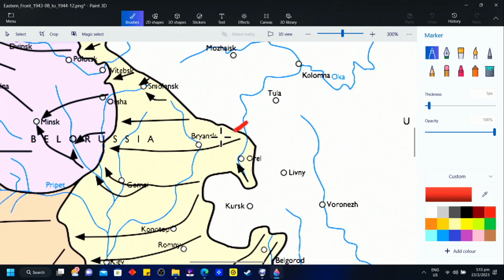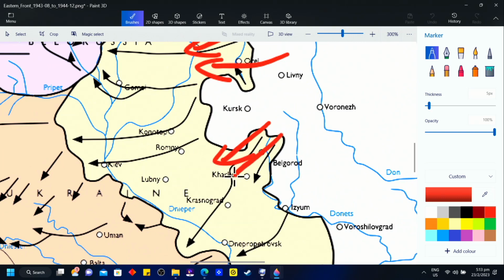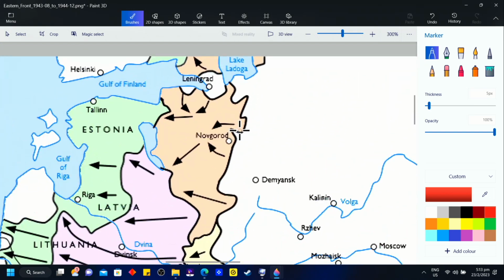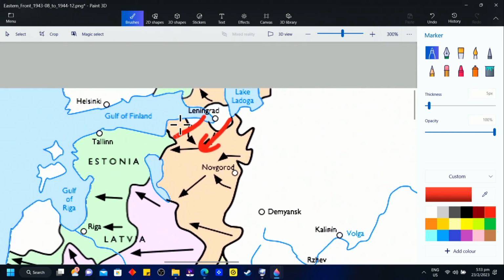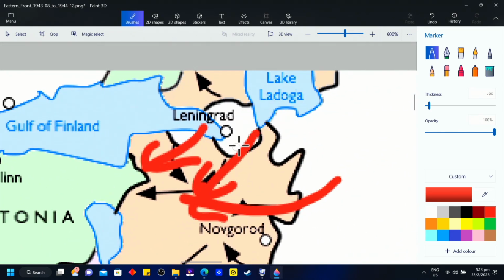Of course, the first one is Operation Kutuzov against the Bryansk and Orel sector. Then after that, it was Operation Rumyantsev against the Kharkov-Belgorod grouping. And there was also the offensive to relieve the siege of Leningrad, to open a supply line, a land route.